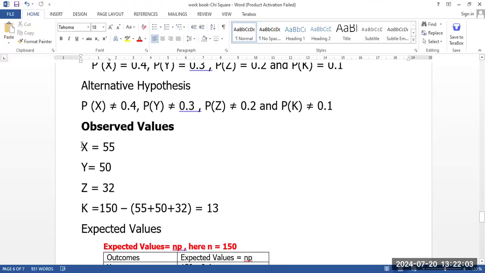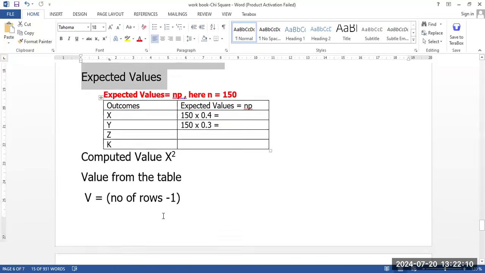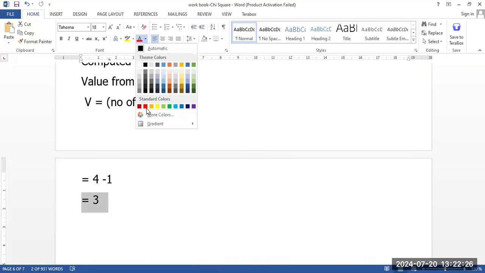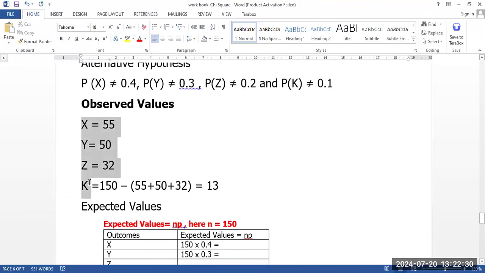Someone who interpreted this in row form, for him or her, this bracket will not be there. For him or her, will be using number of columns minus 1. But at the end of it all, you will be having the same V. So it depends on how you indicated your X, Y, Z, and K in the table.